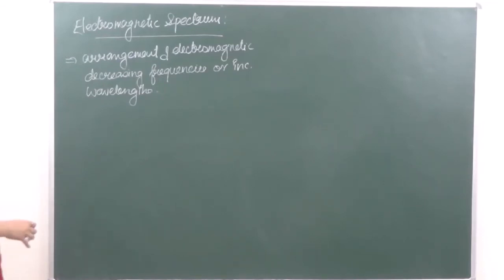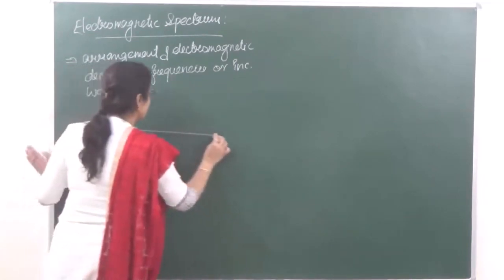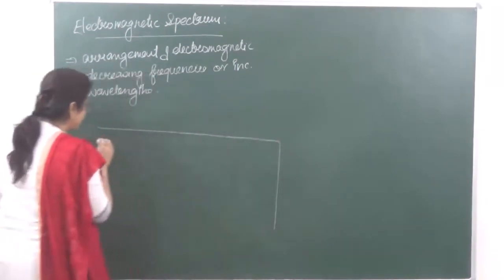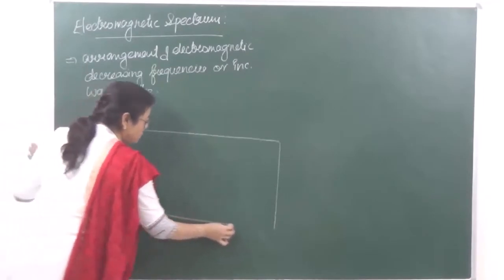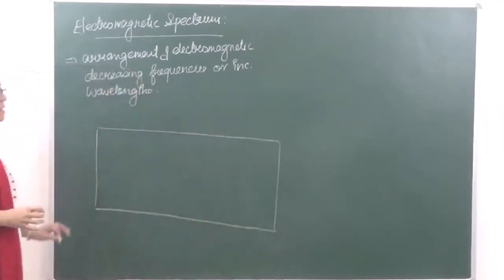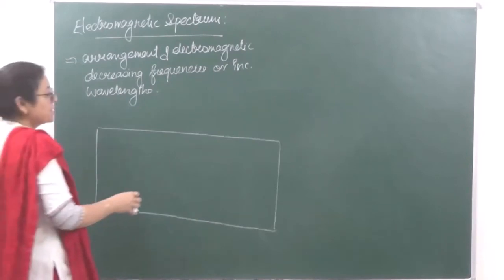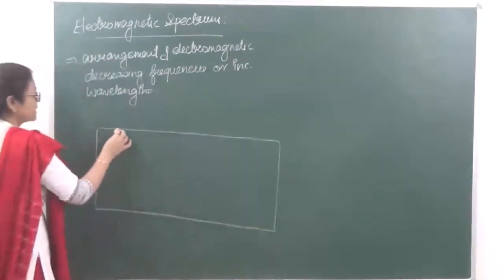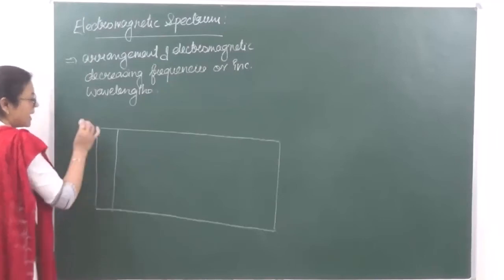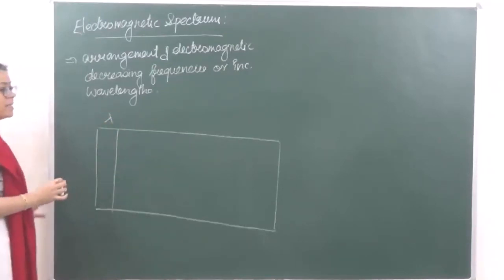So if we are looking at the arrangement, let's see how we can talk of the arrangement of electromagnetic radiations. The one which has the lowest wavelength, right? The one which has the lowest wavelength, let's keep it over here. And we are saying that lambda over here is increasing.